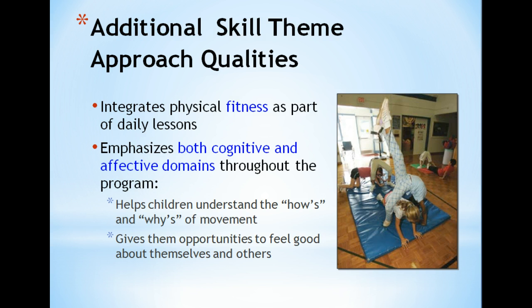For instance, they need to know the difference between personal/self space and general space. They need to know what balance is, and that it's easier to balance in a low position than it is to balance in a high position. Those are important cognitive concepts for them to understand as they're going through our lessons.